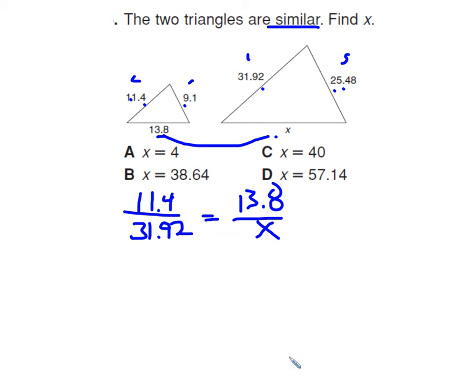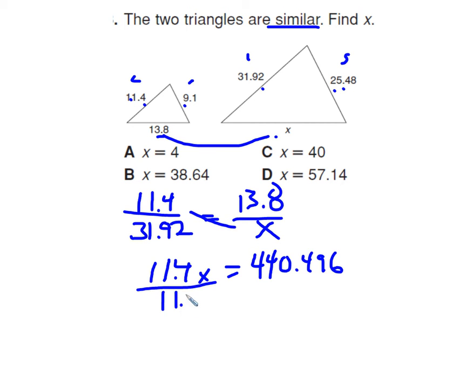Let's do this. 11 and 4/10 x should equal 31 and 92 hundredths times 13 and 8/10. I did it before, so you don't have to watch me do all this, and I get 440 and 496 thousandths on the calculator. This is from the challenge test, so you won't get a monster problem like this, but you can do it on a calculator. Divide each side by 11 and 4/10 to isolate the x.